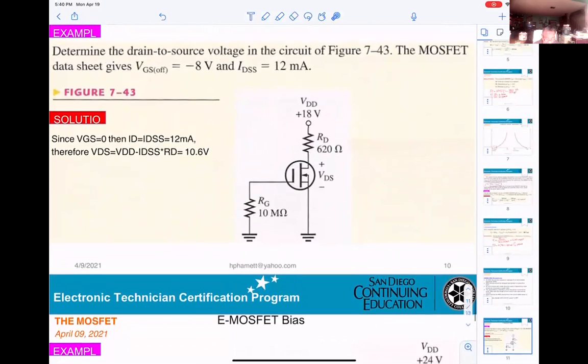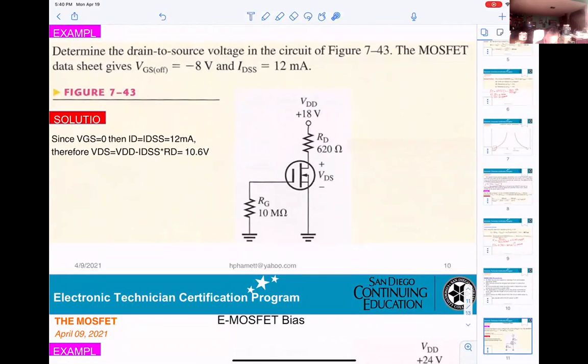Now, determine the drain to source voltage. The MOSFET data sheet gives VGS(off) of minus 8 volt and IDSS equal 12 milliamp. Let's see.